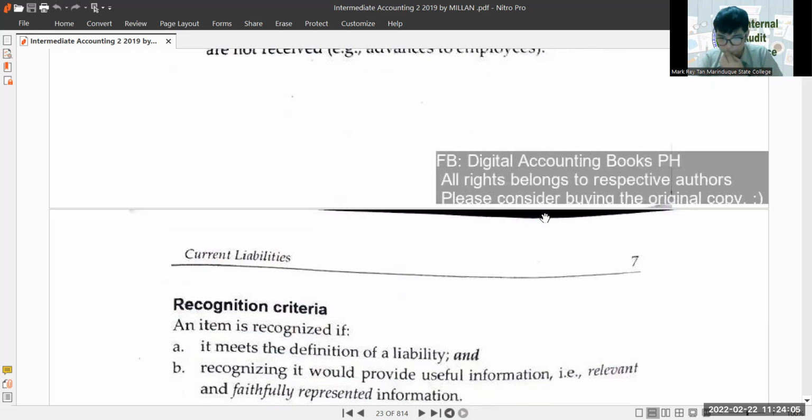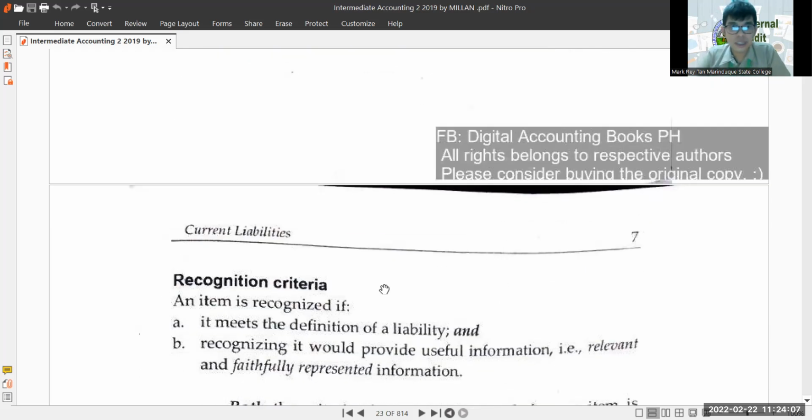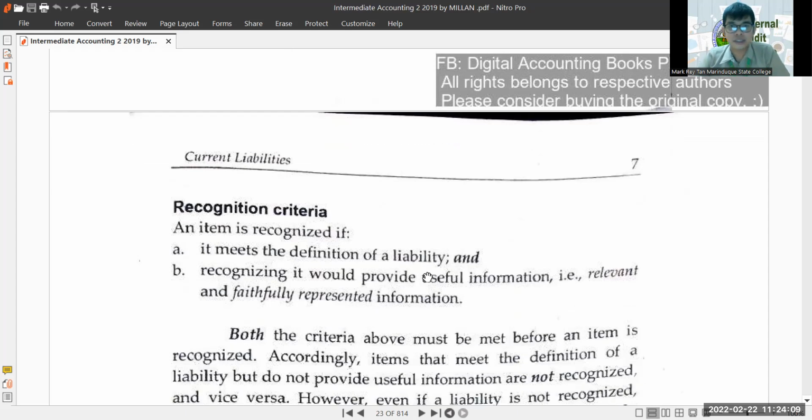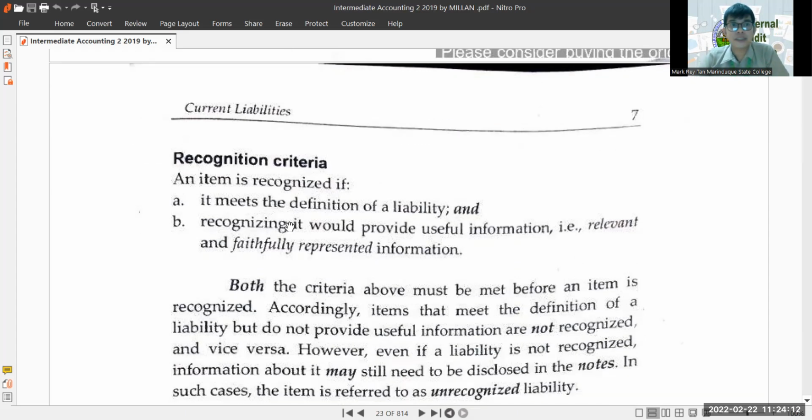Ayan, okay. So, an item is recognized if it meets the definition of a liability. So, yan, yung definition, diniscuss natin. Under that definition, there are three aspects, which are obligation, transfer of an economic resource, at saka present obligation as a result of past events. So, na-discuss na natin yun. Okay na yun.